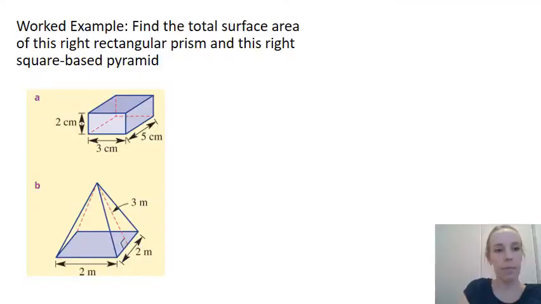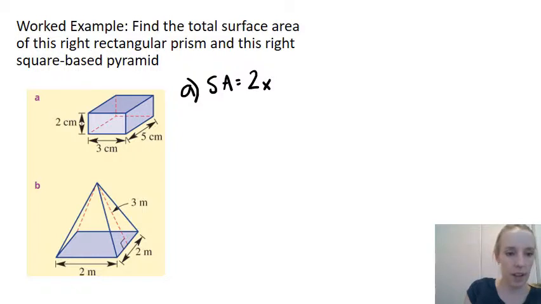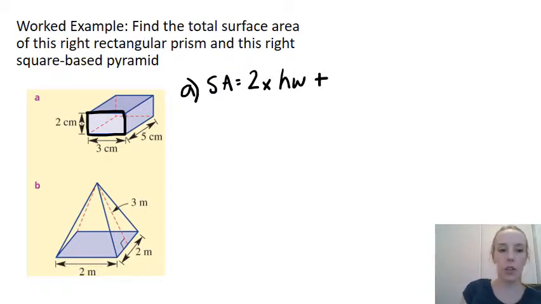Okay, we'll do some worked examples. We're going to find the total surface area of this right rectangular prism and this right square-based pyramid. For A, we've got the rectangular prism. The surface area of the rectangular prism is going to be 2 times, we'll do this side first, the height times the width, plus, because that will do the front and the back, I'll change my colour.